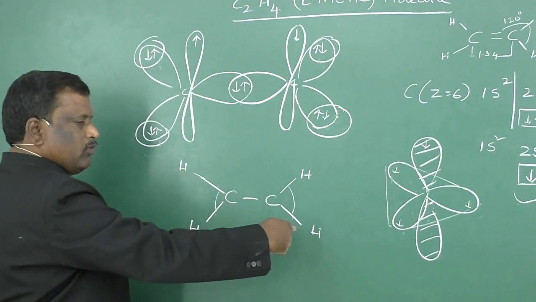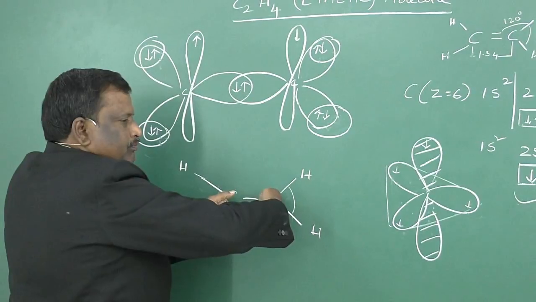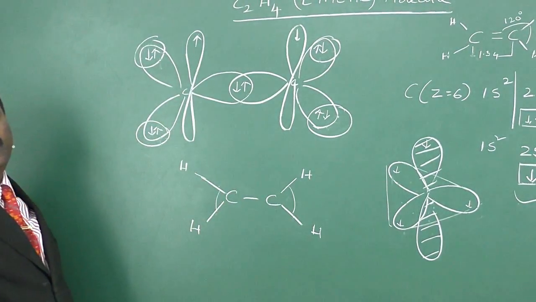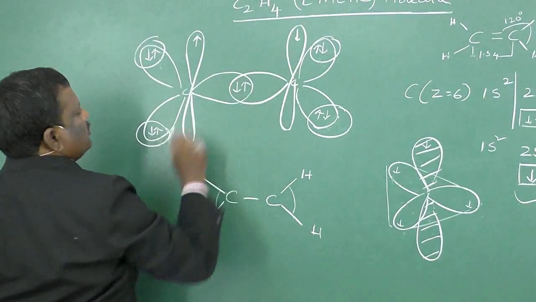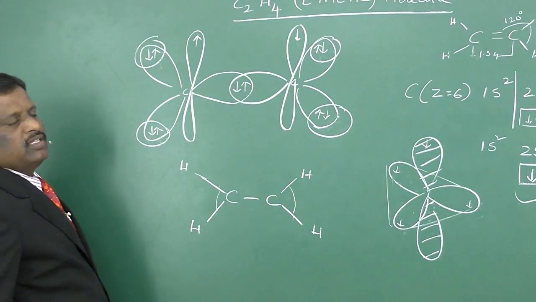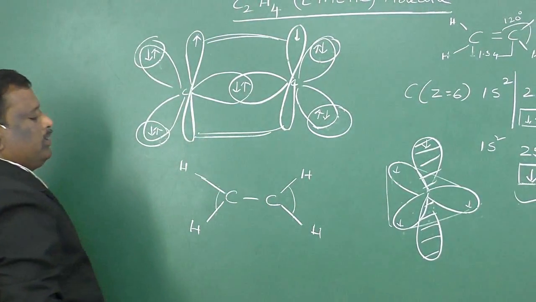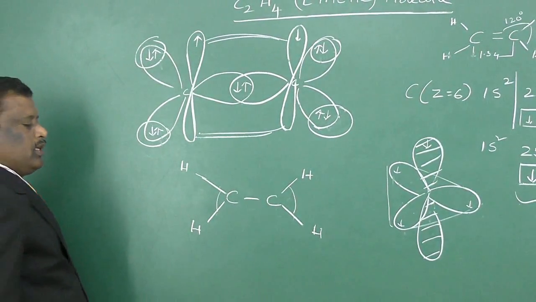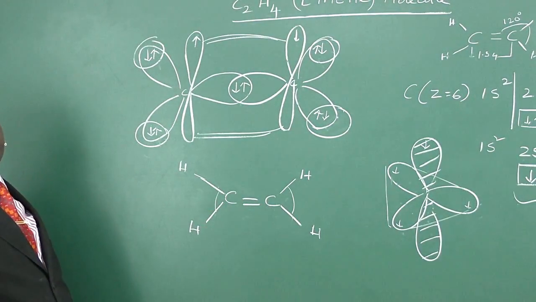This is one plane, and the pure p orbitals are like this, perpendicular. That means they are parallel to each other. These parallel p orbitals with opposite spins laterally overlap to form a pi bond between carbon and carbon, so that you will have 1 sigma bond and 1 pi bond between the 2 carbon atoms.